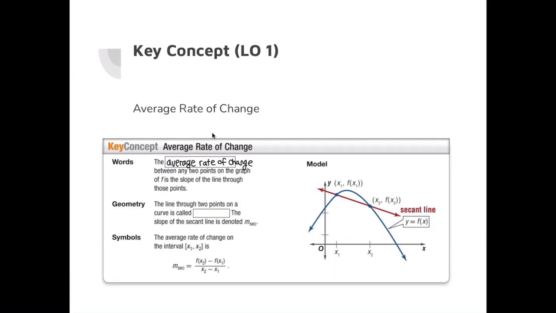So average rate of change is basically the slope between points. That's all you gotta know, okay? So it's basically the slope of the line that passes through 2 points. That's average rate of change.